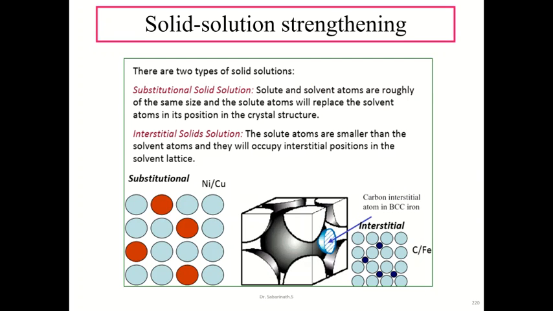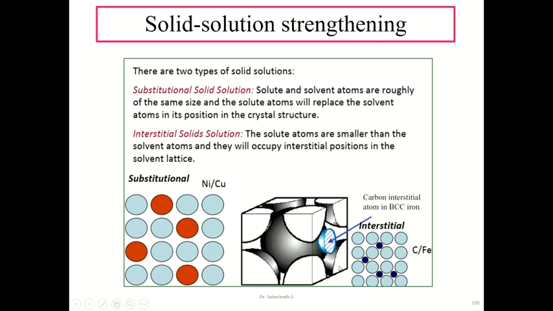Here we can see the different types of solid solutions. There are two types: substitutional solid solution and interstitial solid solution. In a substitutional solid solution, the solute and the solvent atoms are roughly of the same size, and the solute atoms replace the solvent atoms in their positions in the crystal structure.